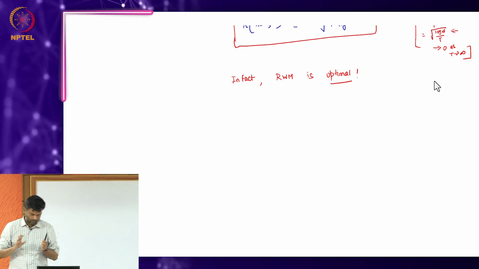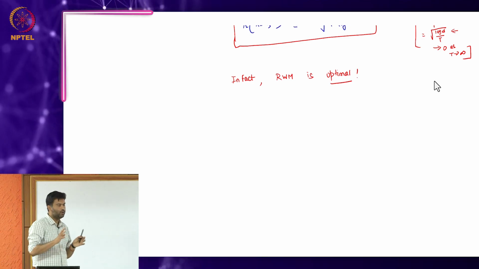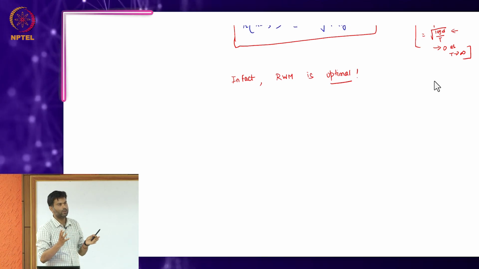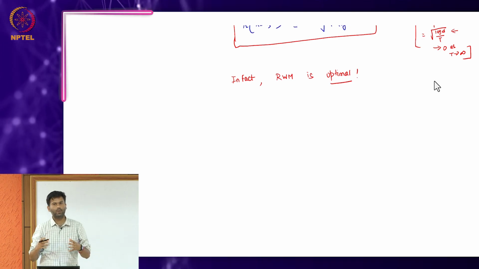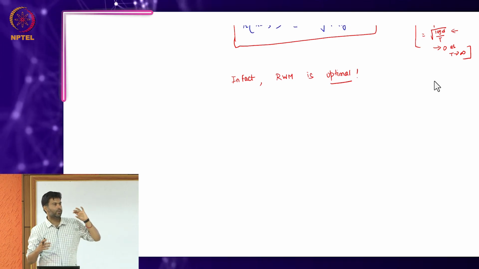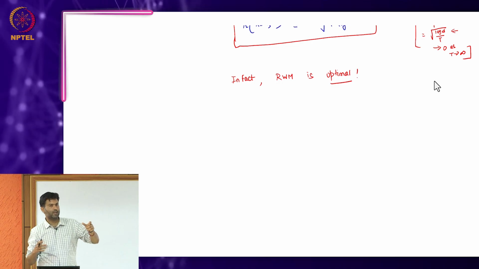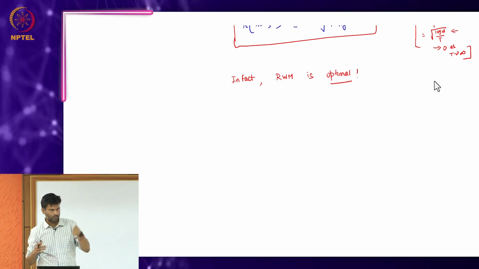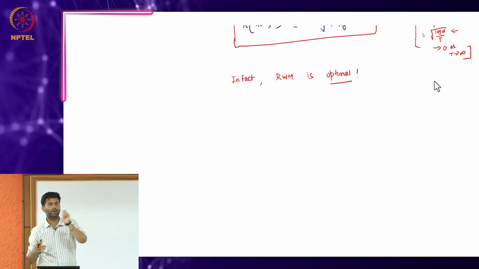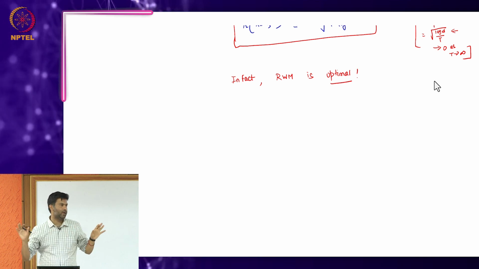I won't prove it, but the way you can think of the argument is as follows. No matter what your algorithm says, the adversary will just flip an unbiased coin and decide yt randomly.